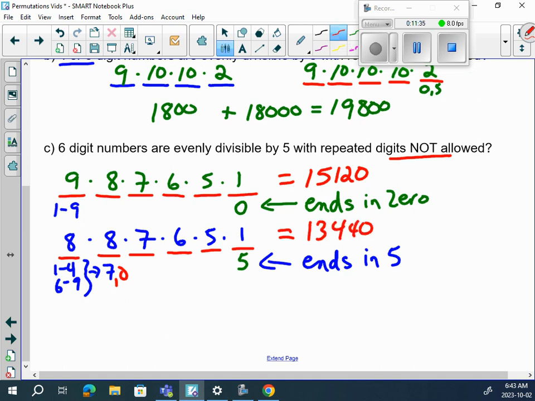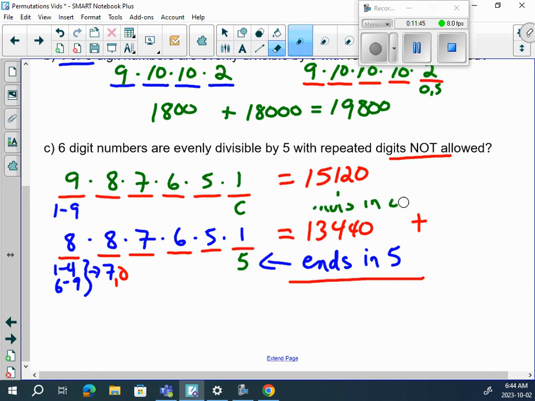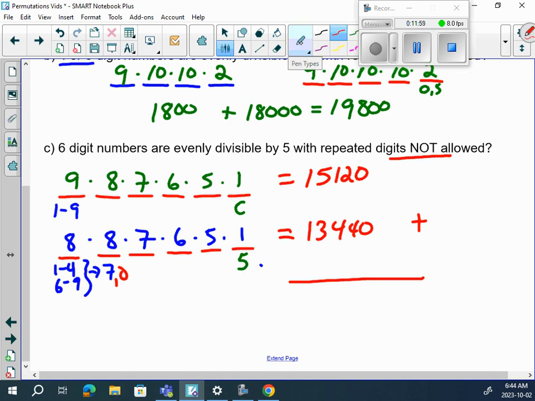And so add those together. I apologize very much for this messy solution. I did not plan my space well here. And so add these up. We've got 0, 6, 5, 8, 2: 28,560 values that are 6-digit numbers, evenly divisible by 5, with no repeated values. I'm not going to try to list those off.